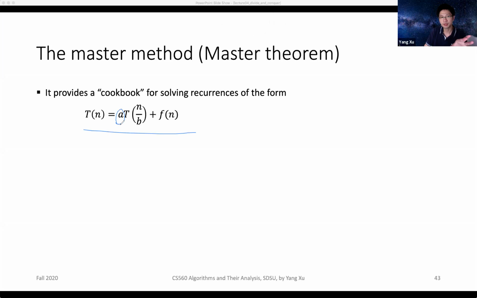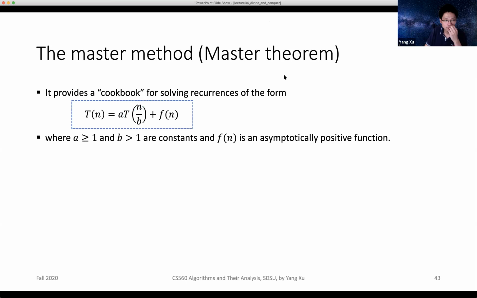The number of subproblems is a, and the size of the subproblem is n over b. Okay, we have two constants. And also, there is a function related, f of n, which defines the cost of splitting and combining.